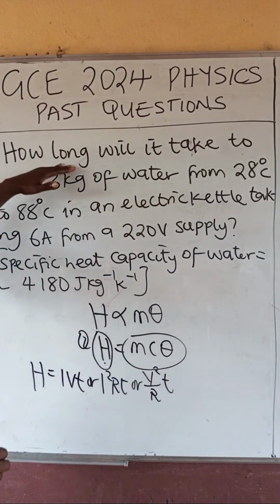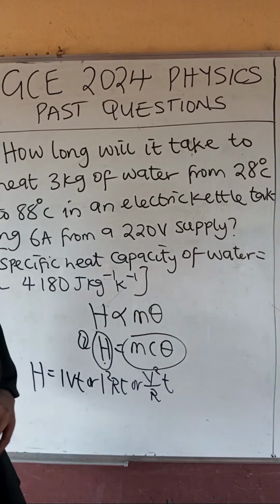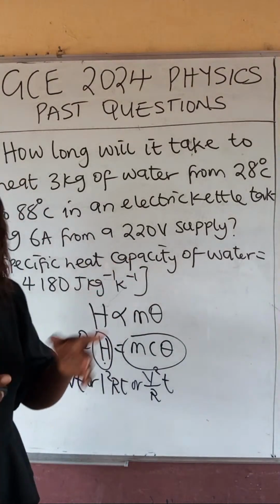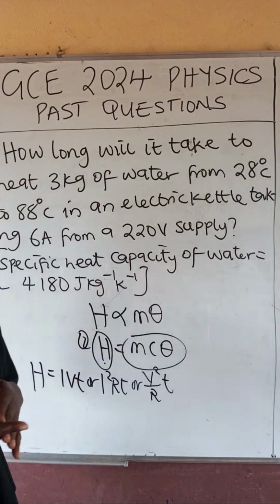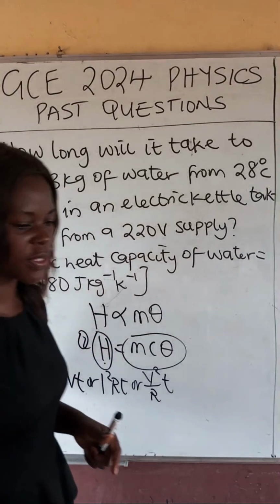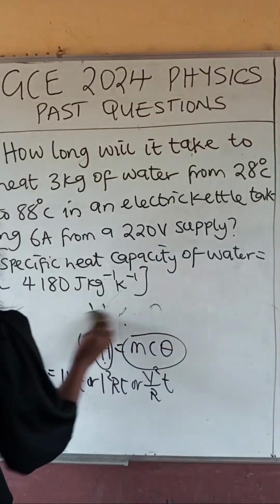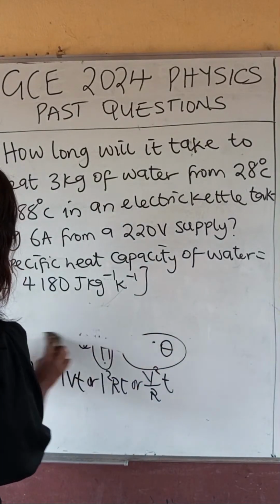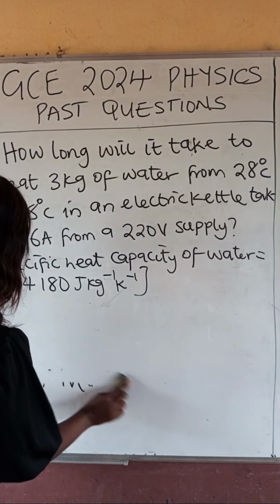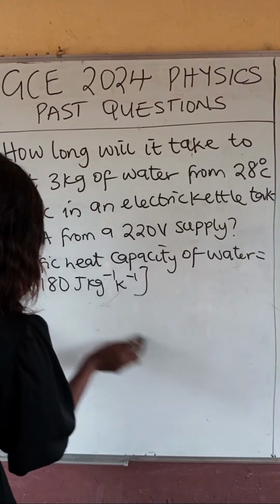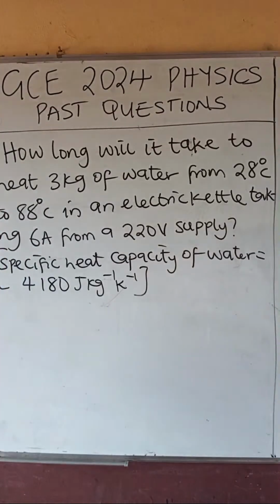Now, how long in physics means what? Time. But how far in physics means what? Distance. So we are actually looking for the time. So let's proceed. All right.